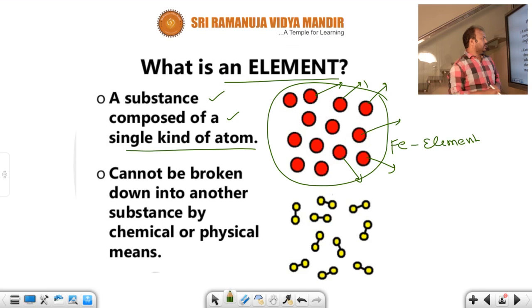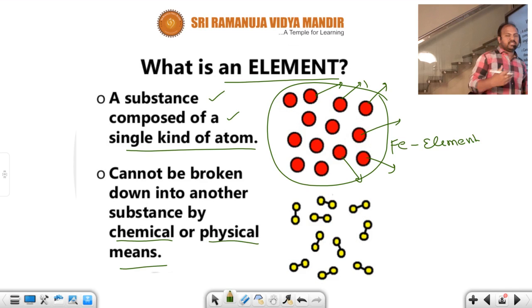Have you understood or not? Generally, elements cannot be broken down into other substances by any physical process or chemical process.